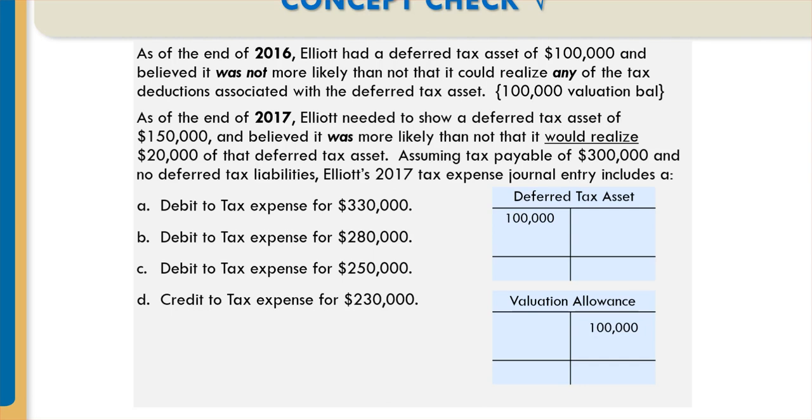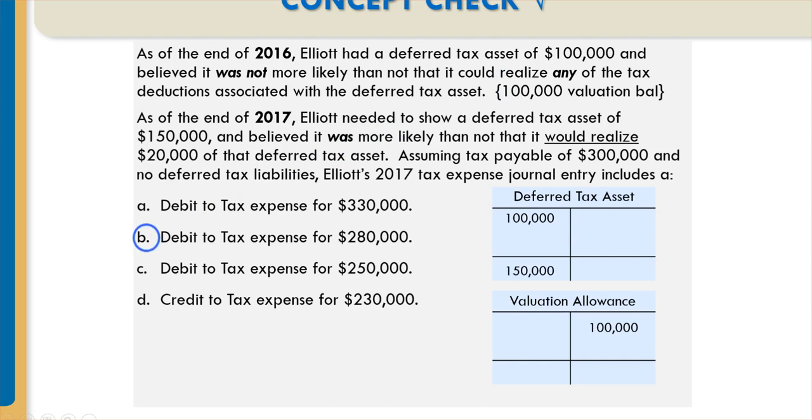And they say our tax payable is going to be $300,000. So income tax payable credit is $300,000. We know we're going to have to do something to the deferred tax asset to increase it to 150, and we need to make the difference between the deferred tax asset and the valuation allowance account to be 20, and that's what this problem is about.